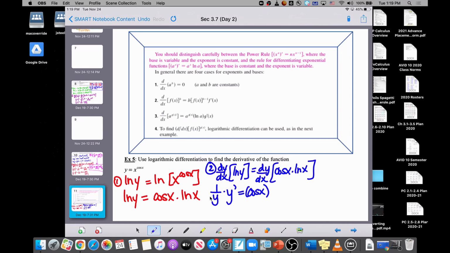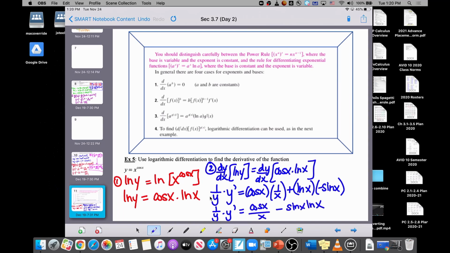D second, derivative of natural log x is 1 over x, plus second, ln x, d first, derivative of cosine is negative sine x. And then I can simplify this. This is going to be 1 over y times y prime is equal to cos x over x minus sine x ln x.